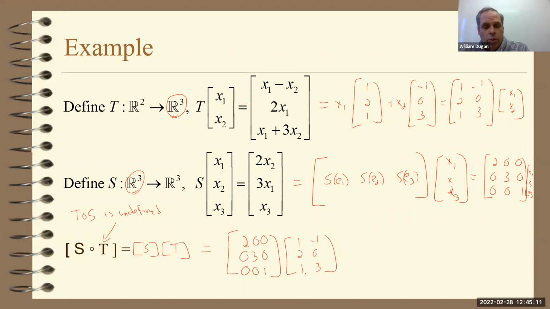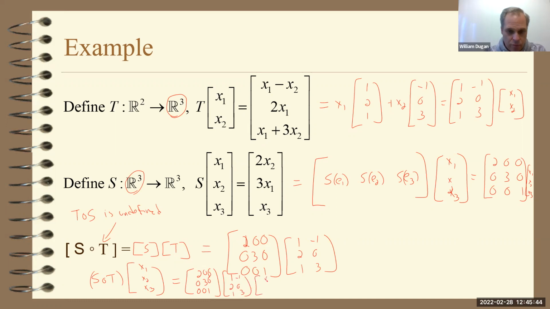That's the standard matrix that will then give you the mapping S composed with T. So if you want to know what S composed with T is when applied to the vector (x1, x2), I can just take the matrices that you see here and multiply by the vector, and that matrix product will give me the answer, the vector in R3.